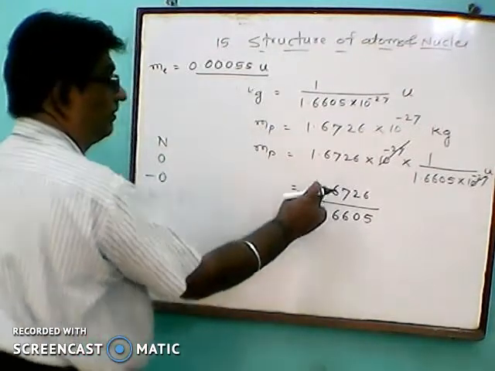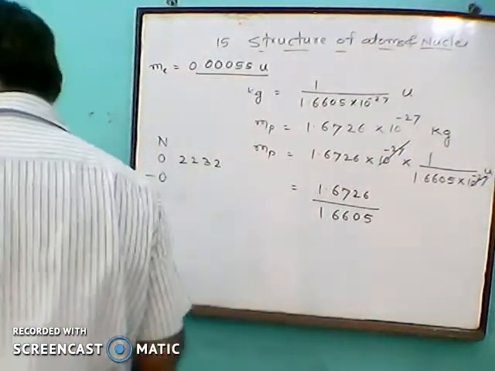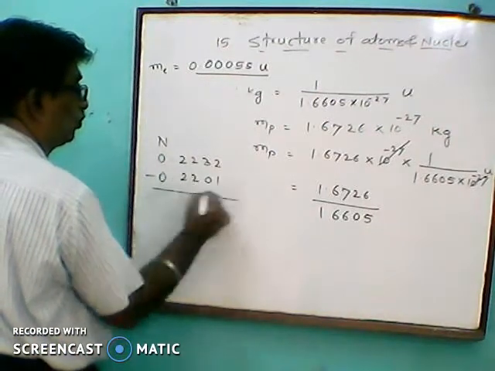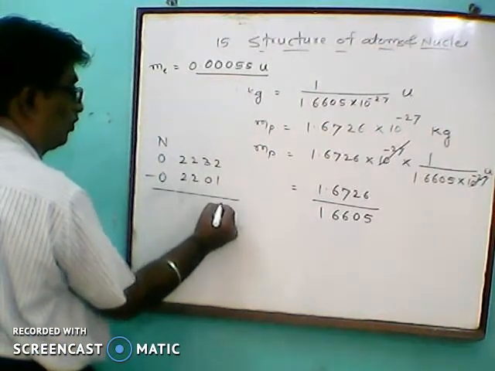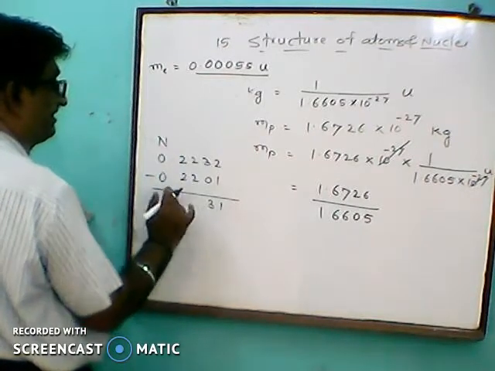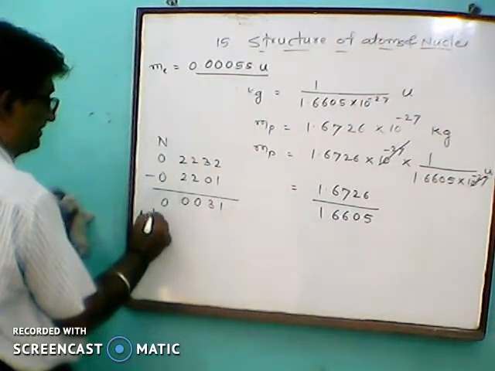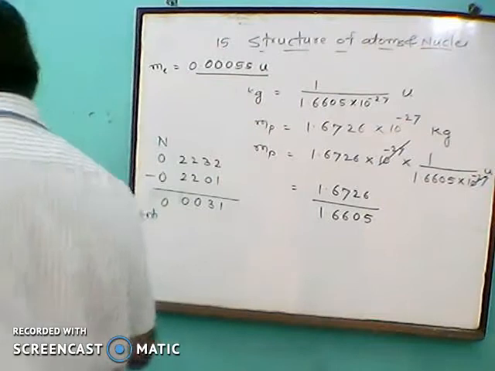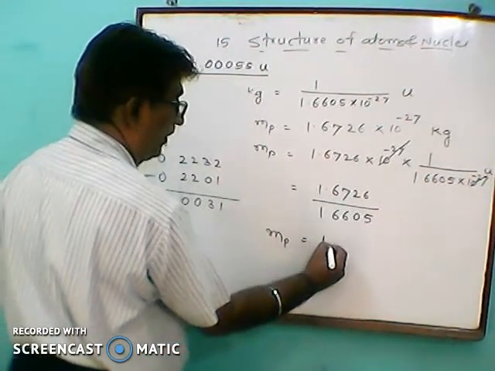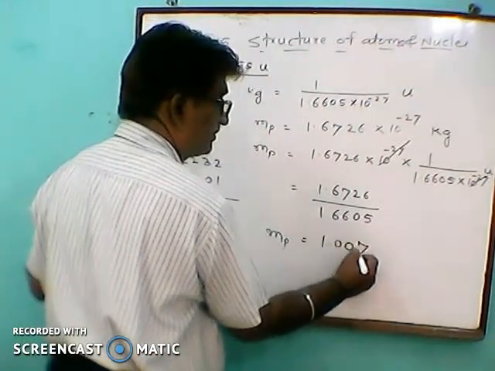Here the numerator's logarithm is 2232, whereas the denominator's logarithm is 2201. Subtracting, 2 minus 1 leaves 1, 3 minus 0 leaves 3, and so on. If we take its antilog, the mass of proton will be 1.007.